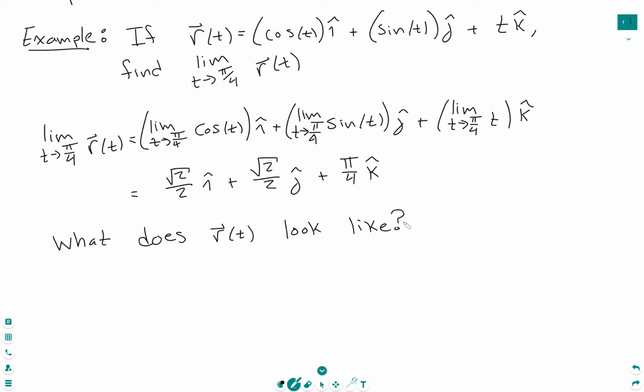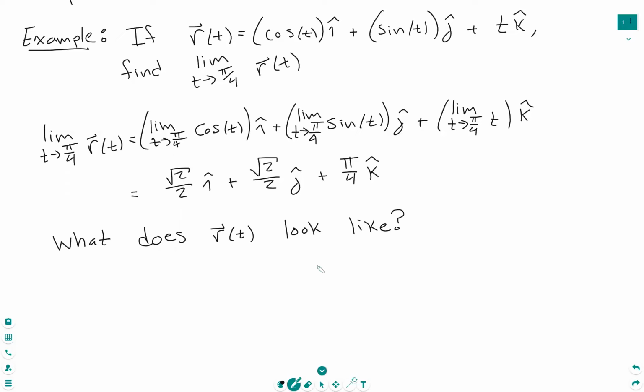So take a look and maybe even start to think about what this possibly could look like. I've got, in the x component, this cosine, this periodic function, as well as sine of t in the y direction. And then I have this linearly increasing function t in the z direction.